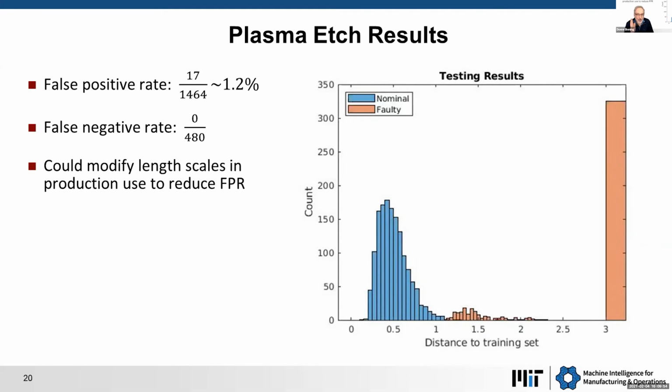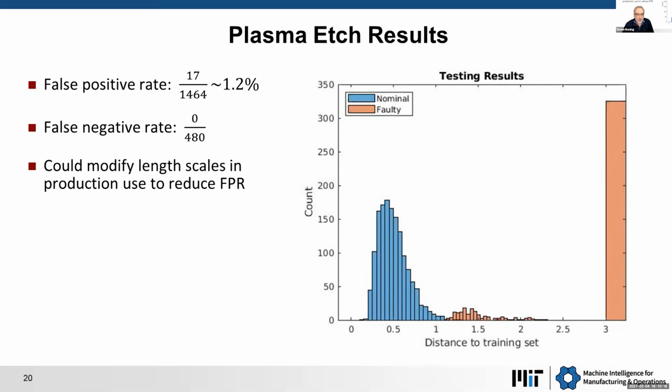And you can imagine a classifier there does a pretty good separation of these two. It's relatively easy here, without even tuning the threshold, just using that nominal 1 as the threshold. We get a false positive rate of about 1% and no false negatives.